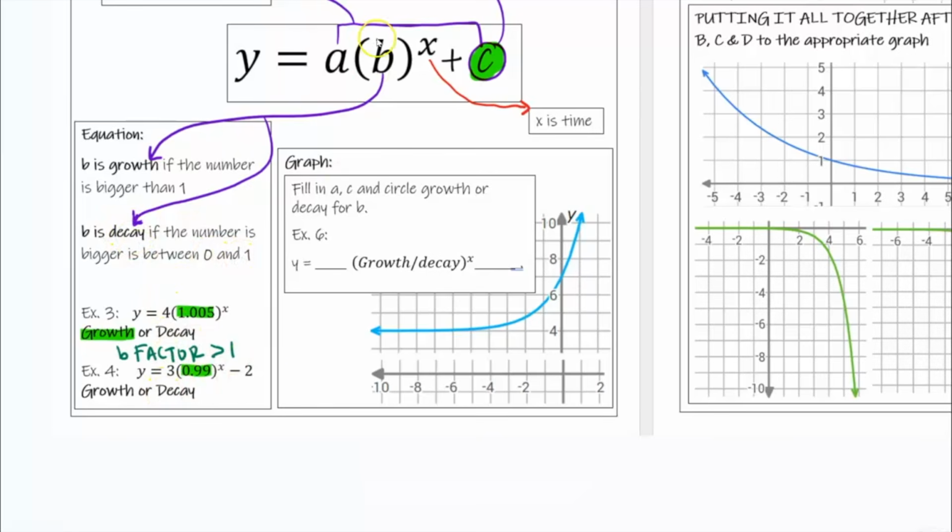So I want you to tell me that it is decay, or in your case, it might be growth, I don't know. But I want you to tell me the reason. So if it's decay, the b factor is between, and this is what between means, 0 and 1. It can never be equal to 1 because 1 is not going to make it grow or decay, and it cannot be equal to 0 because if you multiply anything by 0, you're going to get 0. Let's practice.